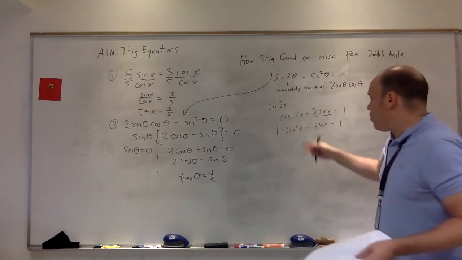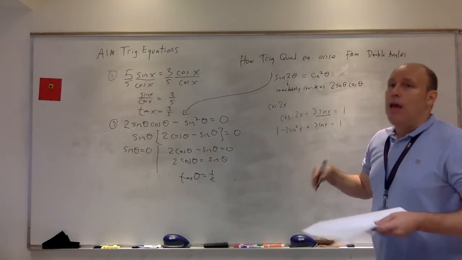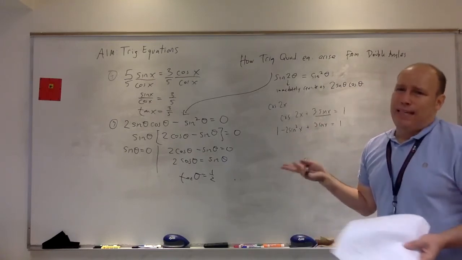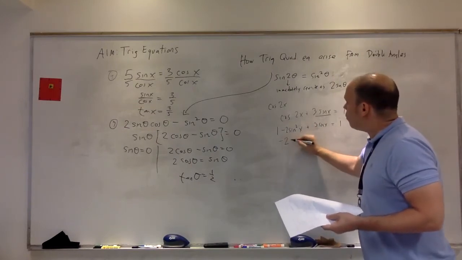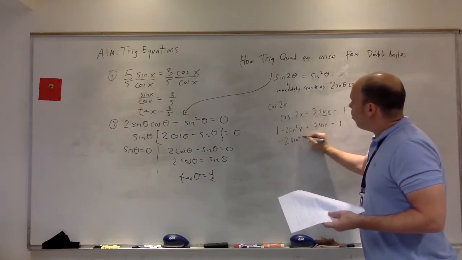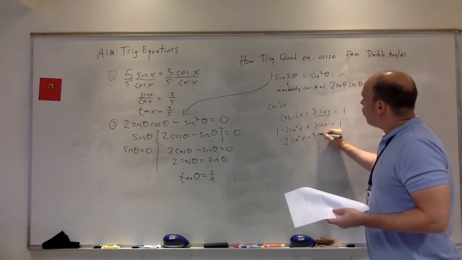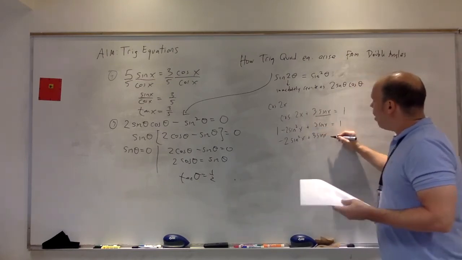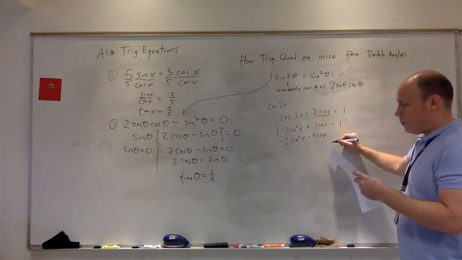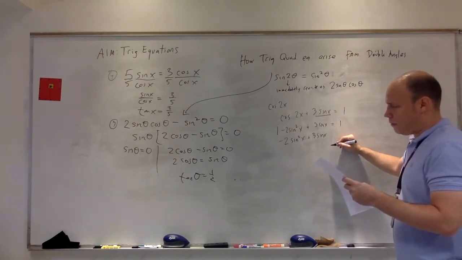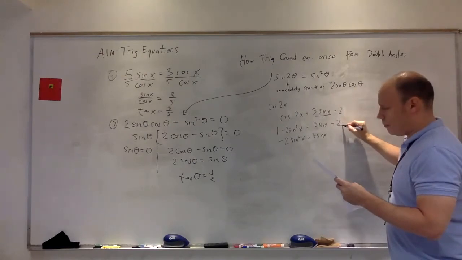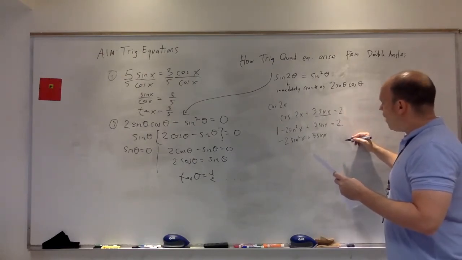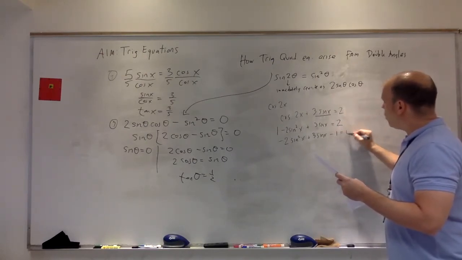Now we have just a basic quadratic equation. For SL, it's probably going to be easy to factor. We have negative 2 sine squared x plus 3 sine of x minus 1 equals 0.